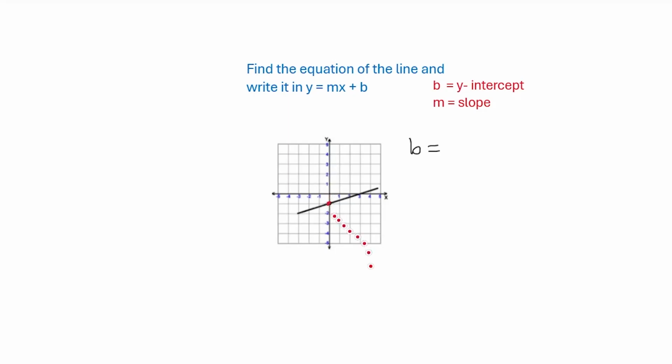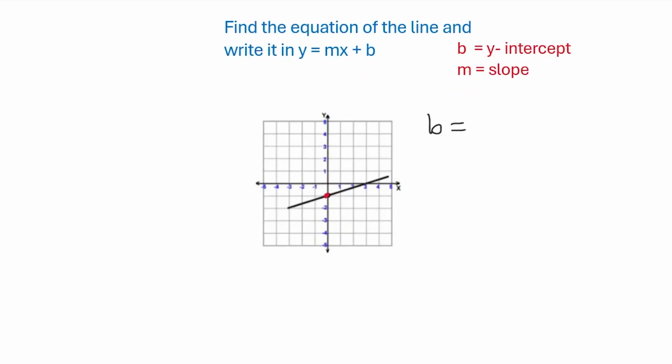It goes by 1 unit. Okay, and then the next step, I need to find the slope. One more time, the slope should be rise over the run.